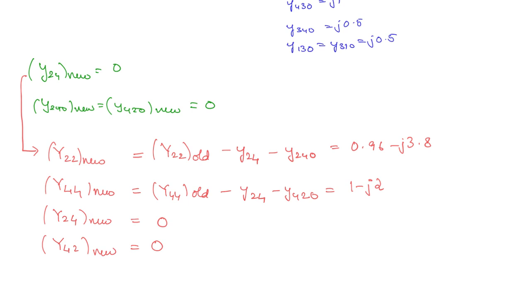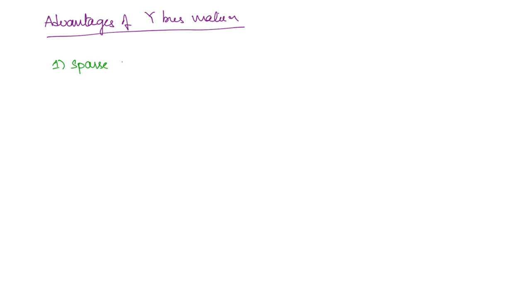The modification of the admittance matrix is very simple. Now we will see what are the advantages of using the admittance matrix. First advantage is it is a sparse matrix. That means most of the elements are 0. So why is that the case? If you consider a system, not every bus is going to be connected with every other bus.